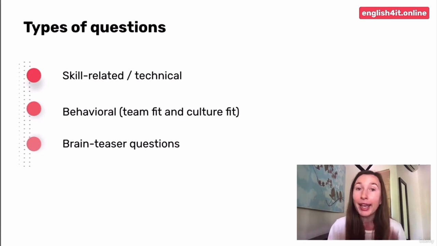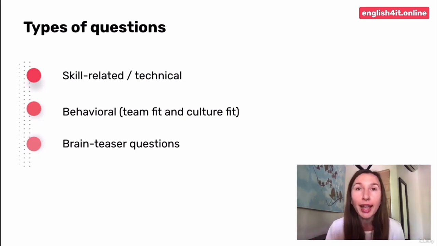The second type, behavioral questions, I would say is one of the most important. Of course, the first type, skill-related questions, are important, but in many jobs, behavioral questions are the ones your potential employer wants to ask you the most, because by asking them, they will find out what type of person you are, how well you fit into the company culture, and how well you fit into the team, right?